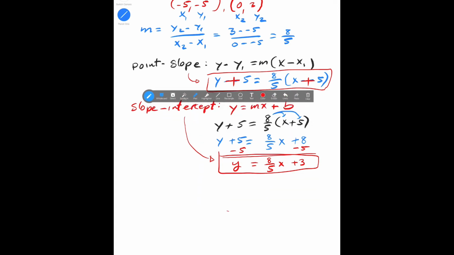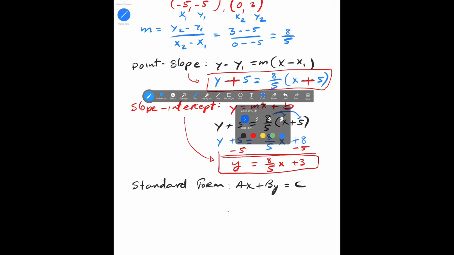And then standard form, which is ax plus by equals c. All right. Okay, so we are going to use the slope intercept form to write our standard form.